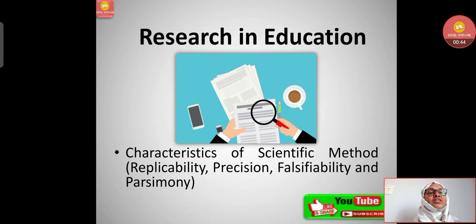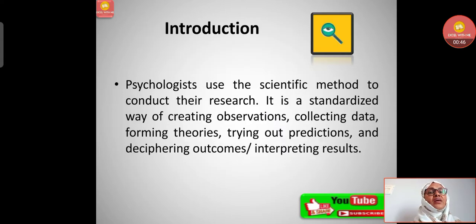Let's begin with introduction. Psychologists use the scientific method to conduct their research. It is a standardized way of creating observations, collecting data, forming theories, trying out predictions and deciphering outcomes or interpreting results. Obviously, scientific method means the inquiry to know about any solution of problem.